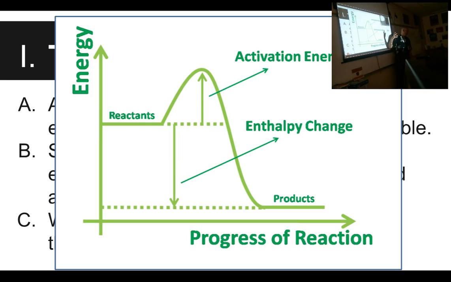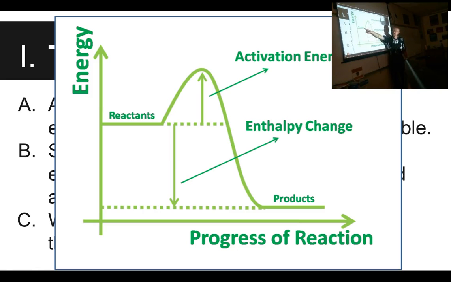The slight exception to that is that in order to get a chemical reaction to happen, you usually have to add energy to get it to happen. You put two things in a test tube or a beaker, and you have to stir it to add a little kinetic energy, or you have to heat it up to add a little thermal energy, or something of that nature. You've got to get a little energy in there first, which we call the activation energy. We'll get to that later. Don't worry about writing that down right now.